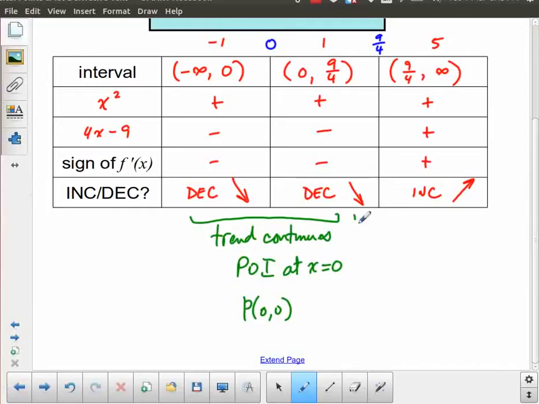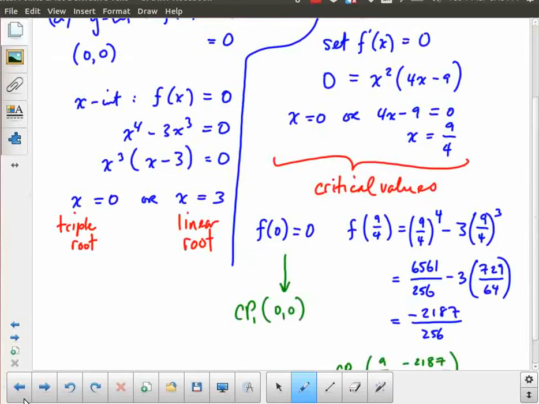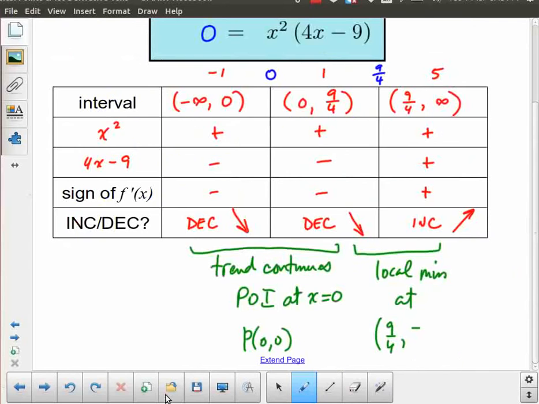Here, I'm going from decreasing to increasing. From decreasing to increasing, you can even see it in the motion I'm making there. That's going to be a minimum. So here, I have a minimum, and I don't know if it's a local or an absolute, so I'm just going to say I have a local minimum at, in this case, 9 over 4, and then the other value was negative 2187 over 256.